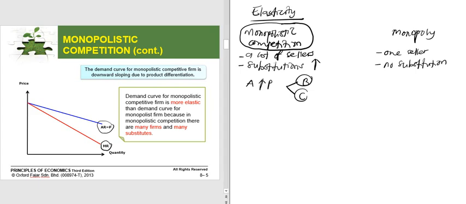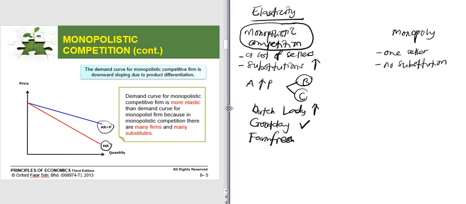Let's say if you want to buy milk, you have a variety of options. You can buy from Dutch Lady, for example. You can also buy from Good Day, or you have Farm Fresh. So you have a lot of options for the same product. So if Dutch Lady increases their price, you still have the option of Good Day and Farm Fresh.